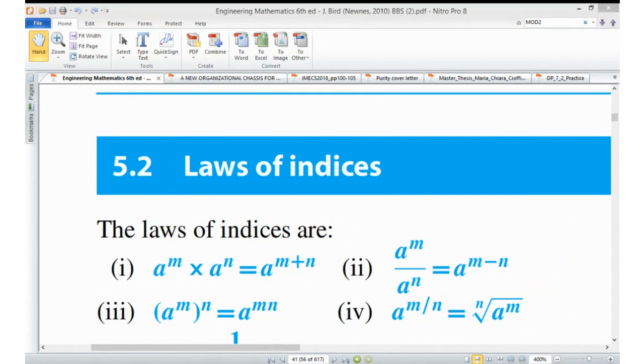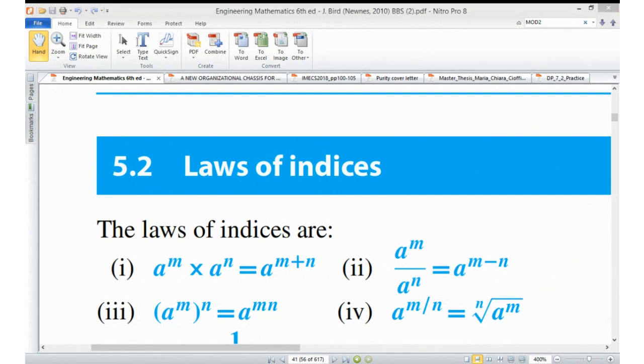If we are given 2 terms, this is the first term, this is the second term, to multiply and they are raised to a given power, then what we need to look at for us to use rule 1 is: do they have the same base?